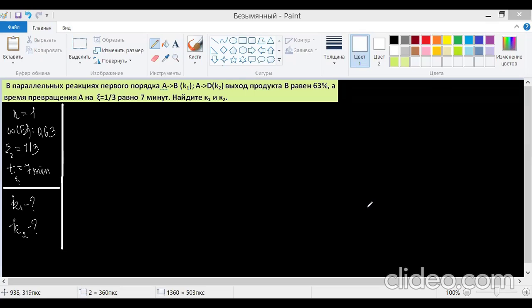The time needed for this transformation for A is equal to 7 minutes. And now they ask us to calculate K1 and K2.